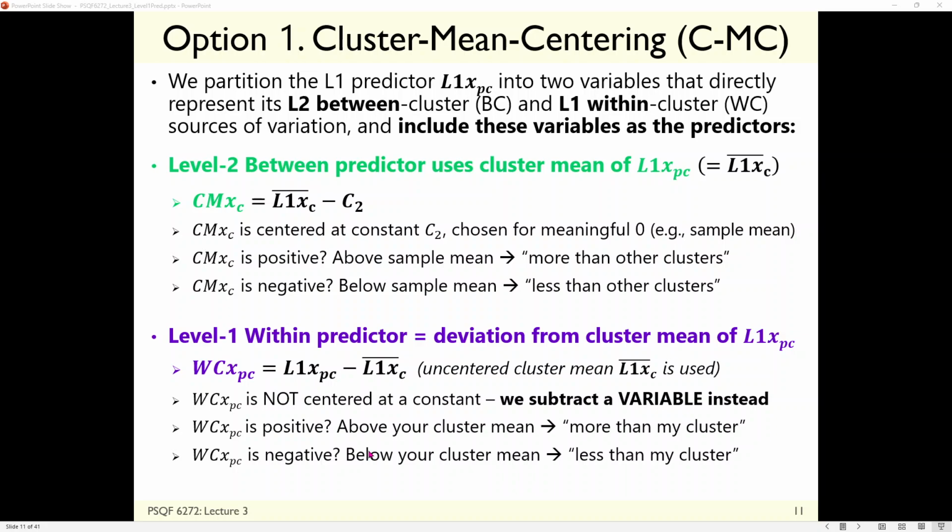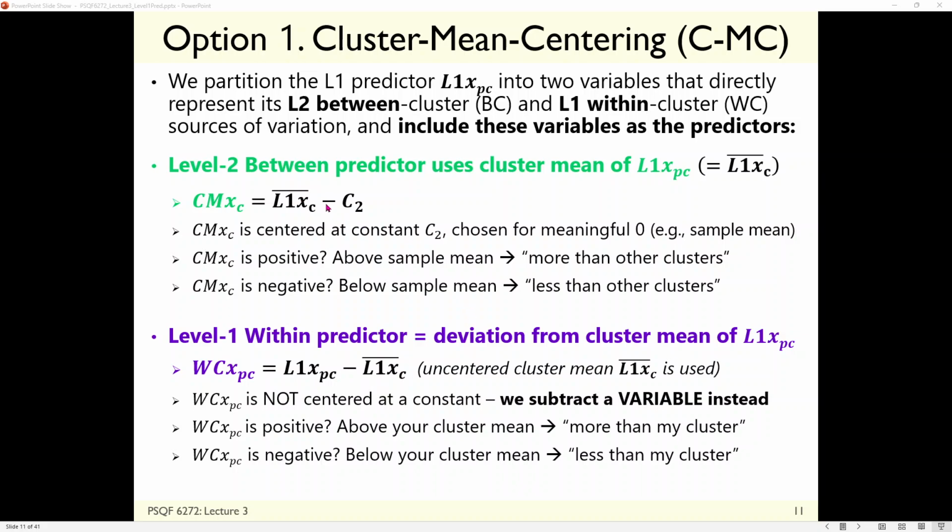But that's all I can say. Relatively high, relatively low. Because what it's relative to is up here in the level 2 model where it belongs. So at level 2, how did your cluster do on average? Okay, adjust your score. Then at level 1, relative to your cluster, how did you do? Okay, adjust your score.